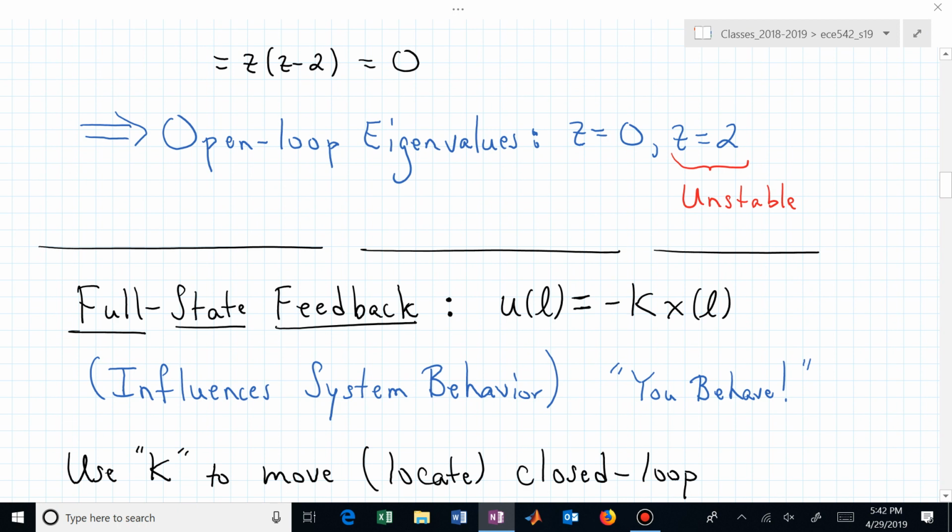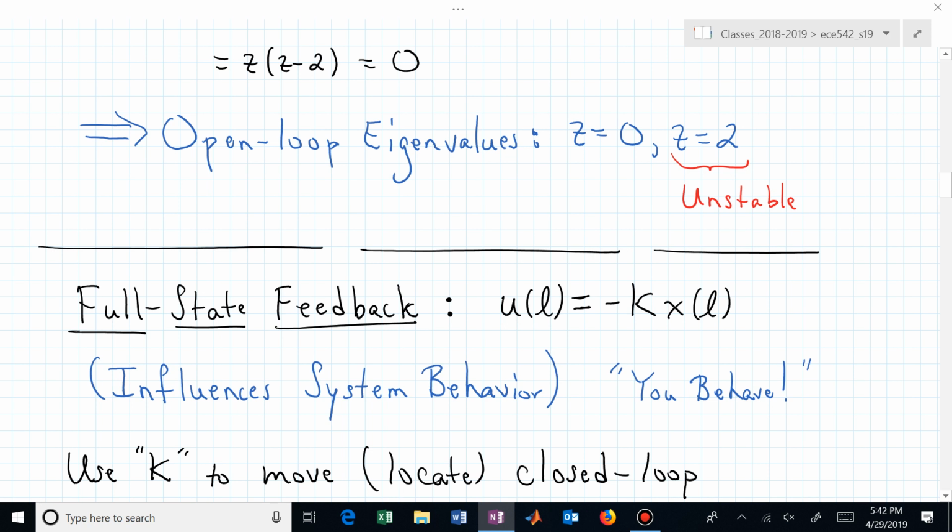We obviously may not be happy with the behavior of the system, and for that reason we will introduce full state feedback, or say that we can now scale each one of these state variable components. It has two components, x sub 1 of k and x sub 2 of k.